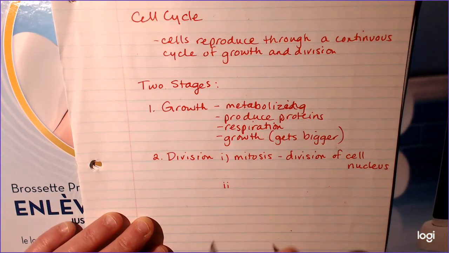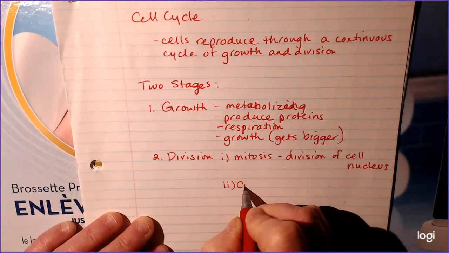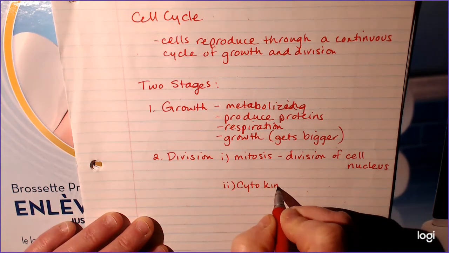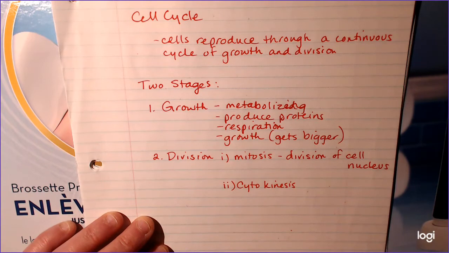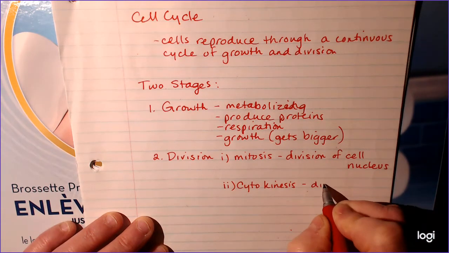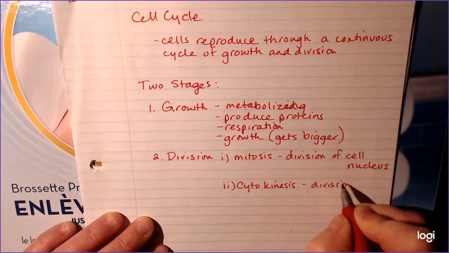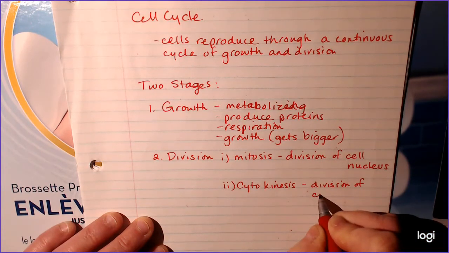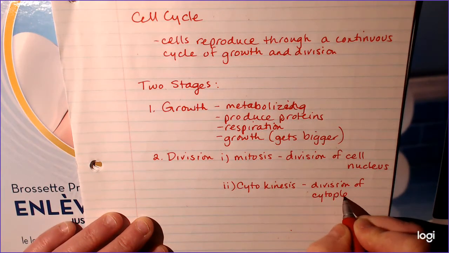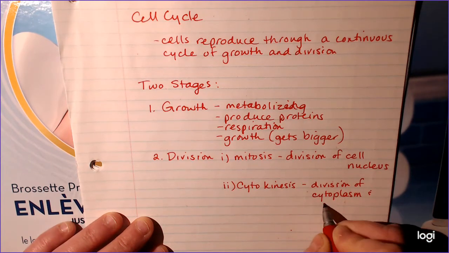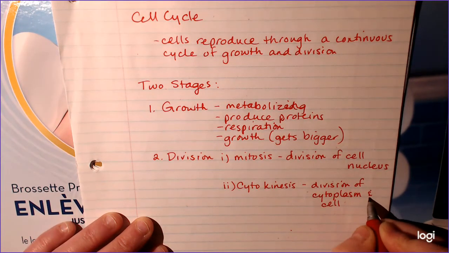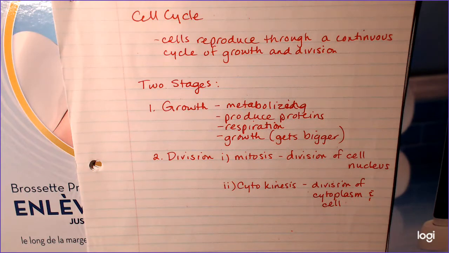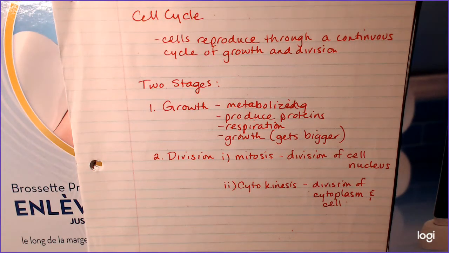All right, and the second part is called cytokinesis, and we'll talk about what these words mean when we get into more detail. So this is the division of the cytoplasm and the cell itself.